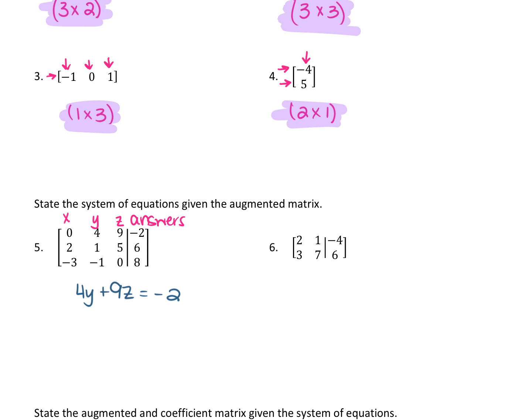Moving to your next row, you're going to have a 2x, a y, and a 5z set equal to 6. And then for your third row, you have -3x minus y plus 0z, you don't need to write that down, is equal to 8.